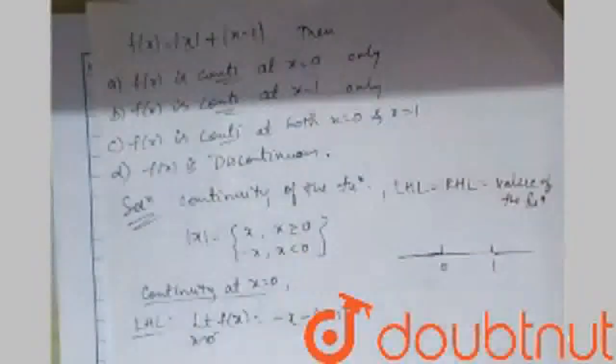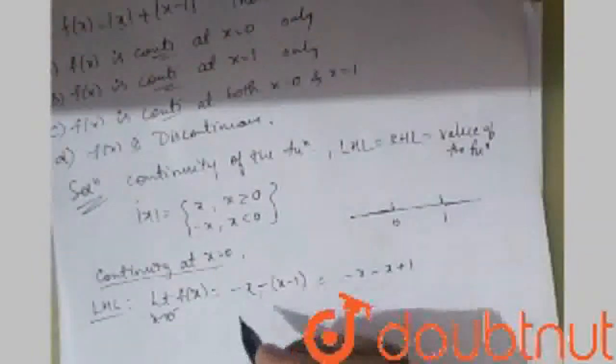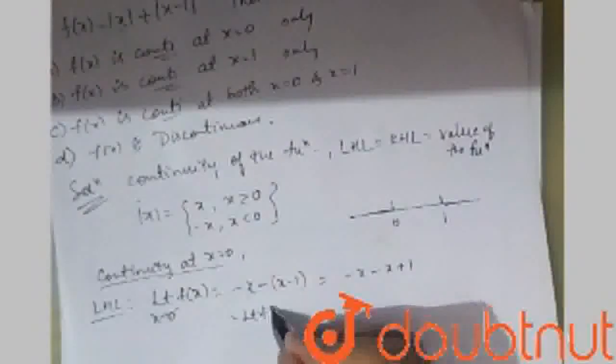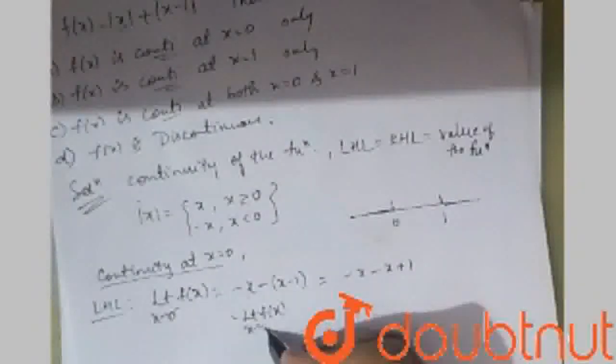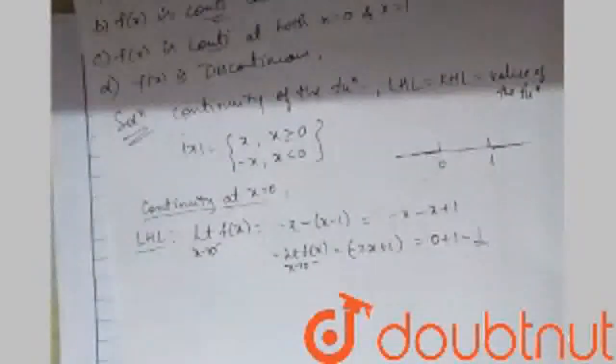So both are negative. Simplifying, minus x into minus is plus, so we get minus 2x plus 1. Applying the limit x tends to 0, we get 1. So this is LHL.